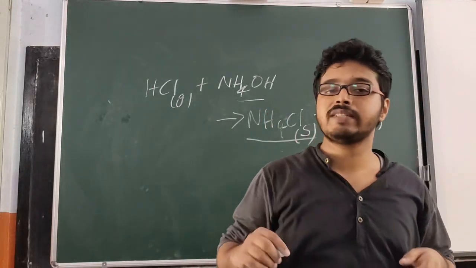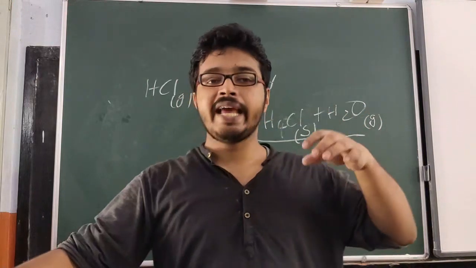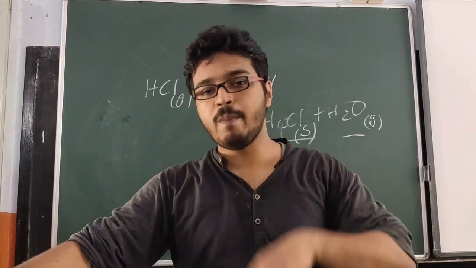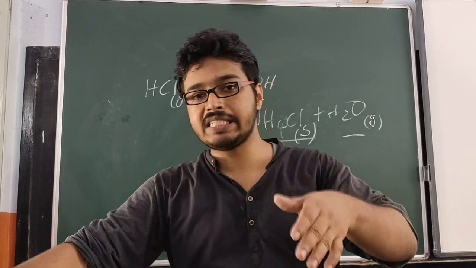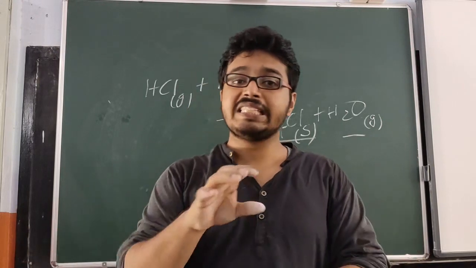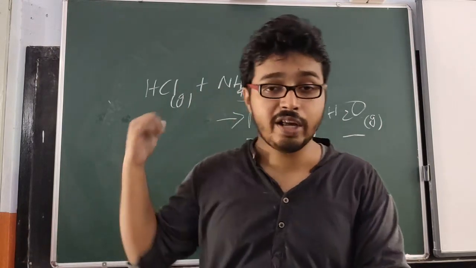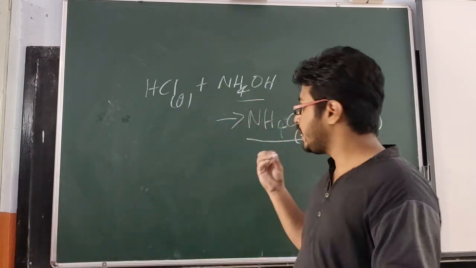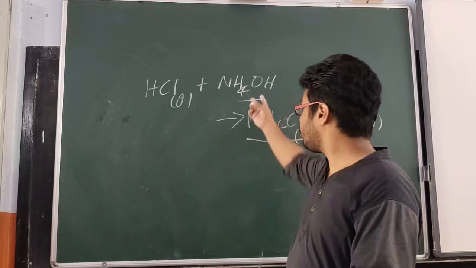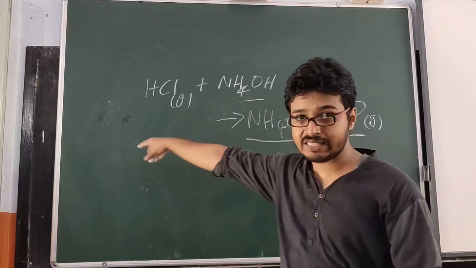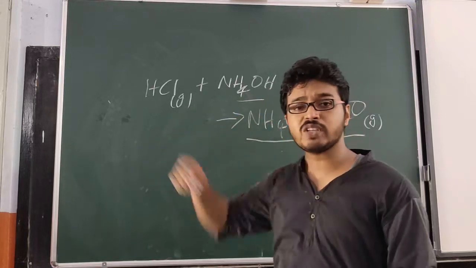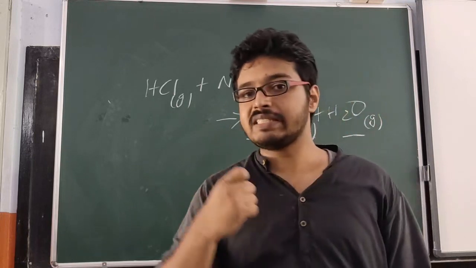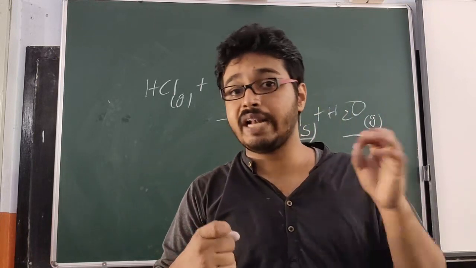So in other words, if you bring a glass rod dipped in ammonium hydroxide near HCl gas, you can see dense white fumes of ammonium chloride. I hope you understood this. You have already done this experiment in your 9th class.